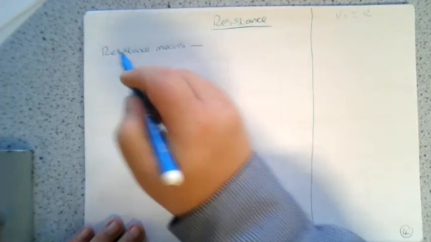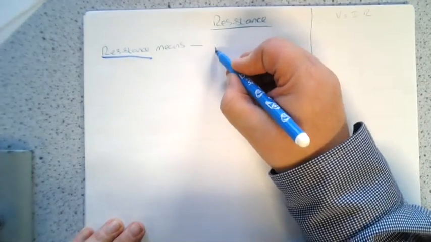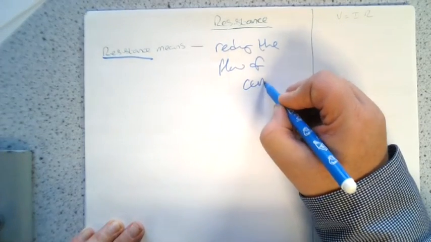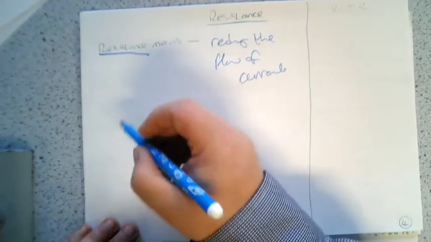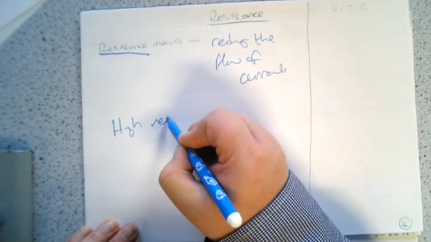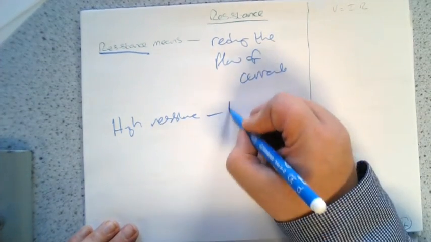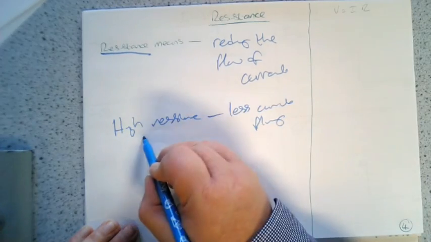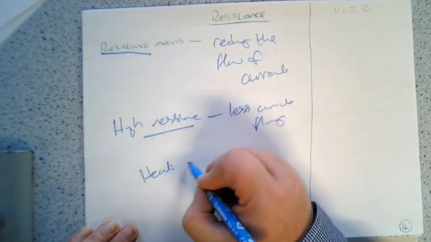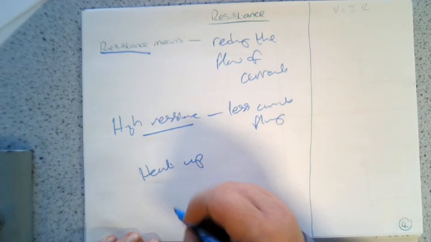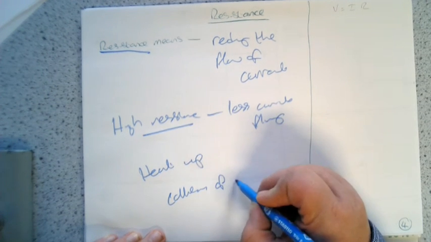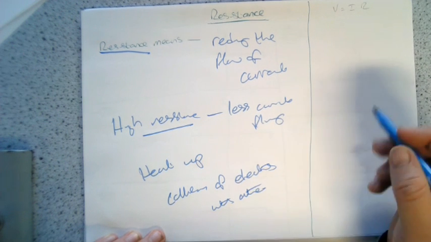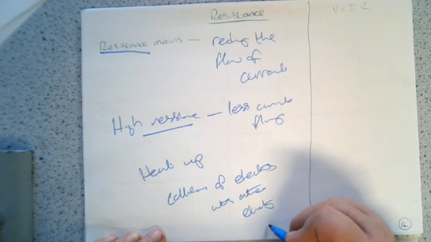Resistance, okay, it's about reducing the flow of current. So when something has got a high resistance, we get less current flowing. Things with higher resistance generally heat up, and that's because you get the collision of the electrons with other particles, like other electrons or atoms.